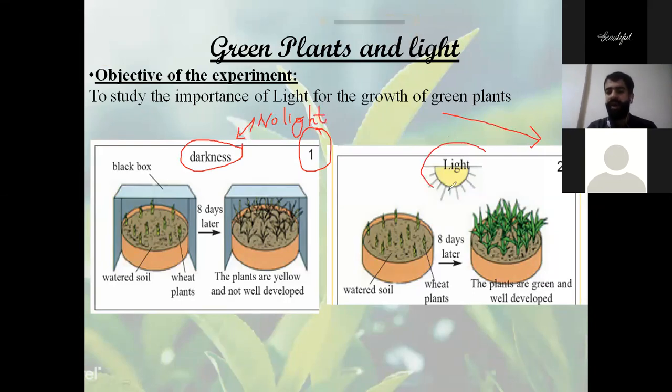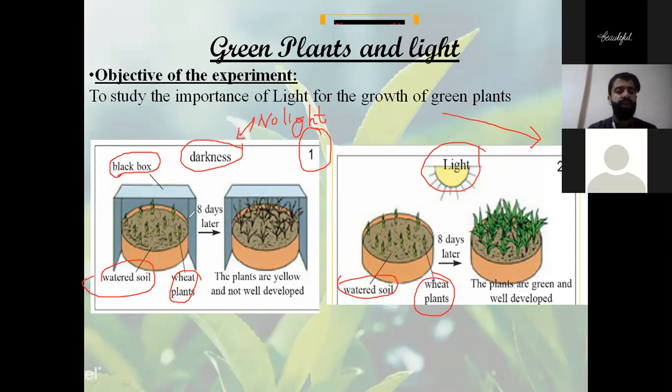Plant 1 was placed inside a black box. We have a black box that is covering the plant. These are wheat plants. Also here we have wheat plants. Here we have water, and here also we have water, as well as CO2 here, and in the second plant we have CO2.